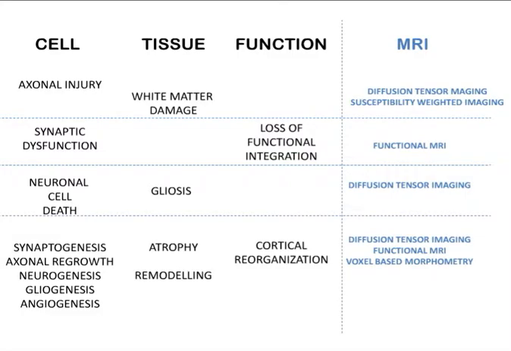So this slide, I apologize, is a little bit complicated, but it tries to depict the types of changes that occur after TBI in terms of whether they are cellular, whether they involve the tissue as a whole, or whether they involve function.